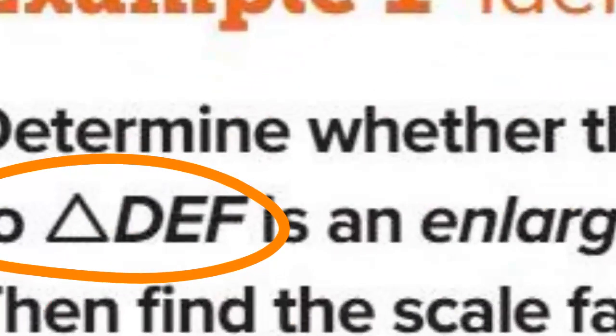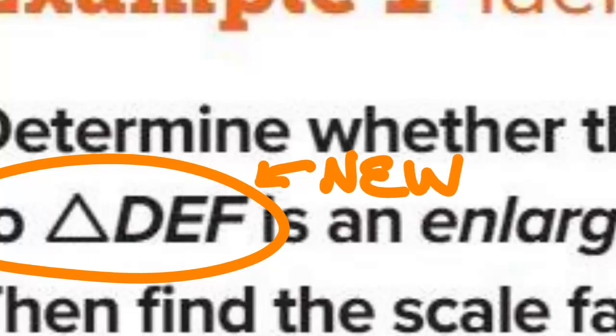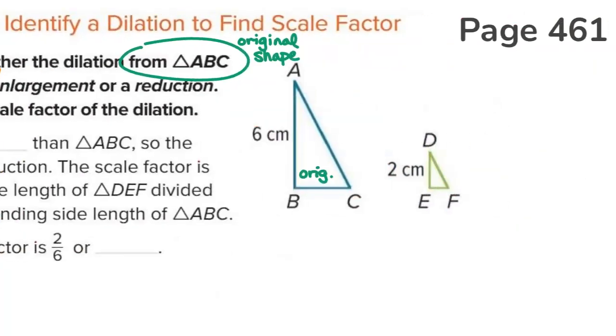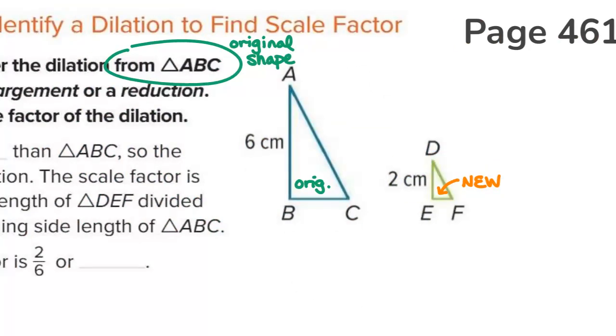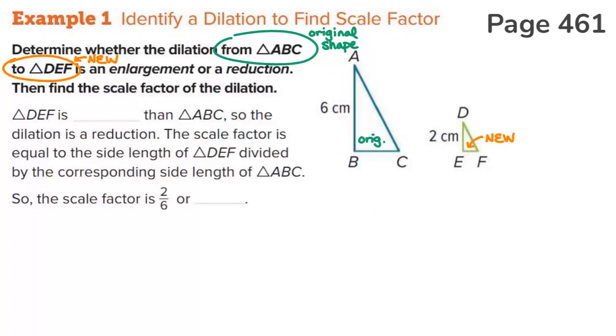To triangle DEF, so this is my new shape. Determine whether the dilation from triangle ABC to triangle DEF is an enlargement or a reduction. And then find the scale factor of the dilation.